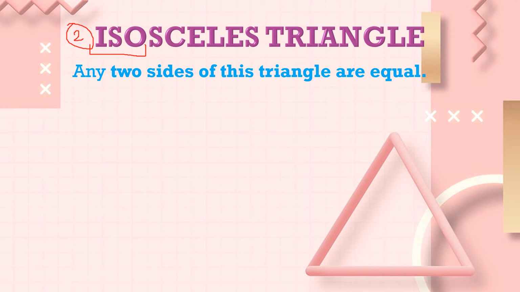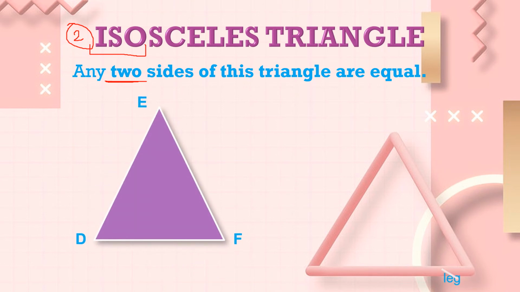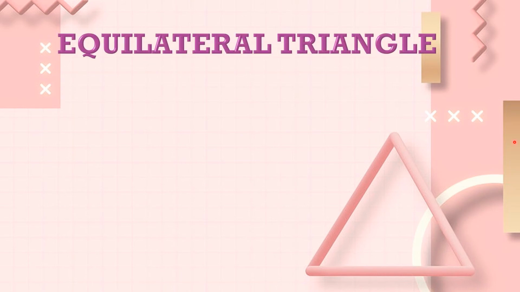So from here you can get the hint that a triangle in which any two sides are equal is called an isosceles triangle. Here you have two sides which are equal, and the third side is called the base.